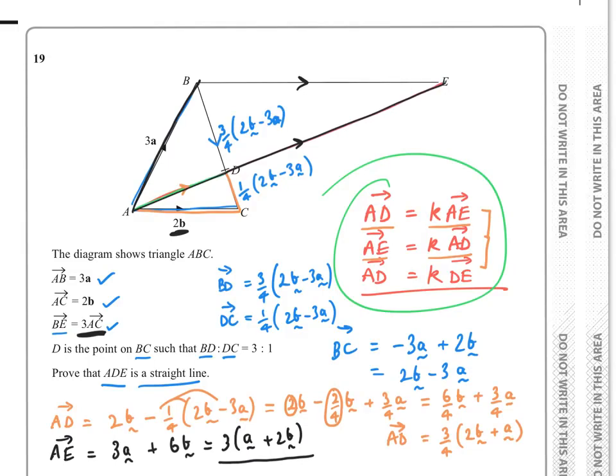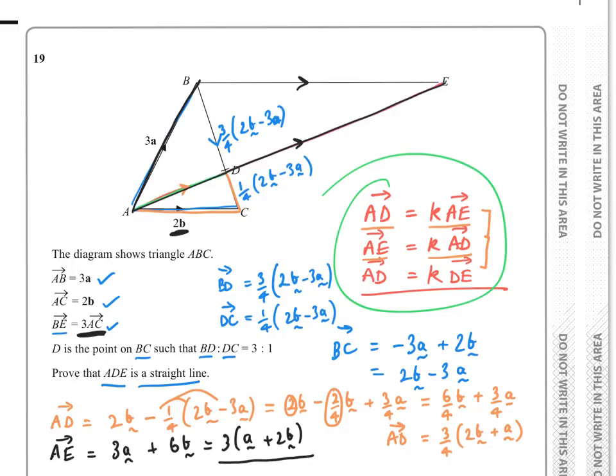Now, what have I got here? Well, you can see this one here is A plus 2B, and you can see this one here is A plus 2B. You could just rewrite this one more time underneath and have the A first, then 2B afterwards. And can you see that one is 3 lots of A plus 2B, and the other one is 3/4 of the same gradient.